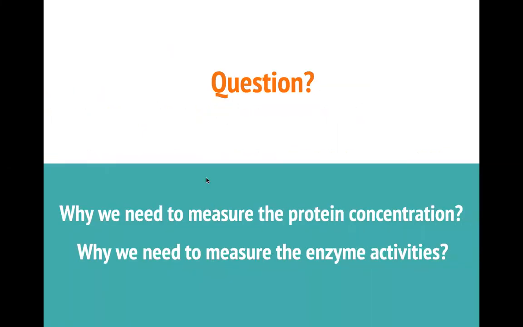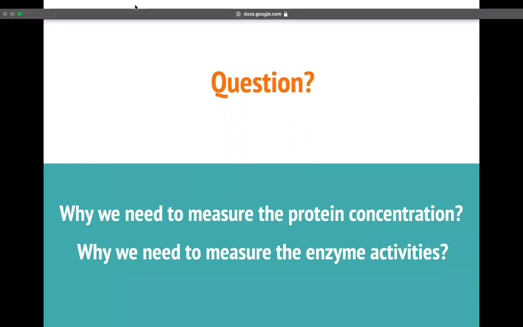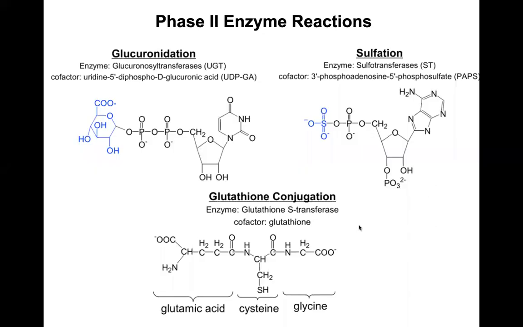So moving on, a big question: why do we need to measure the protein concentration and why do we need to measure the enzyme activities? Is that really important? For our experiment, we're going to measure the GST enzyme.